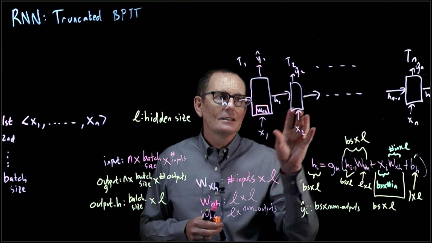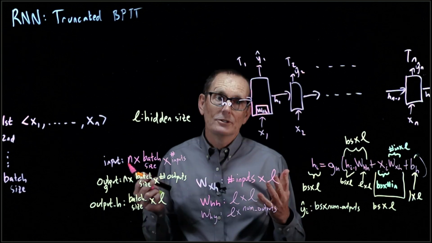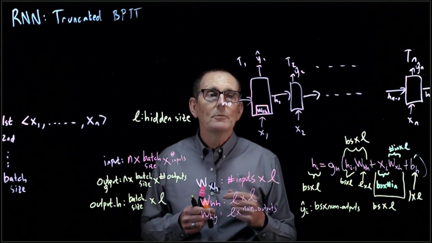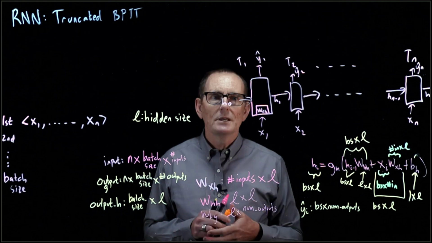Our power is dependent on how many of these floating point numbers we're going to be maintaining. If we have 1,000 floating point numbers, we have a lot more memory to keep track of what has happened than if we have one. But on the other hand, all of our matrices are going to be larger, because those are dependent on L, so we have more parameters, so it's going to be harder to train.